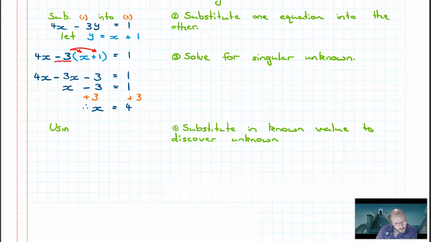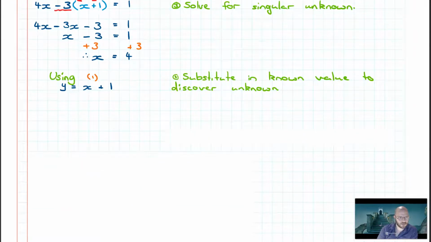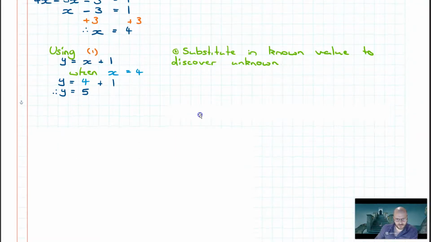So, I simply write out y equals x plus 1. I then say when x equals 4, because that's when x is going to equal 4. We then go y equals 4 plus 1, and thus we find that when x equals 4, y is equal to 5. So we found the second definitive value.